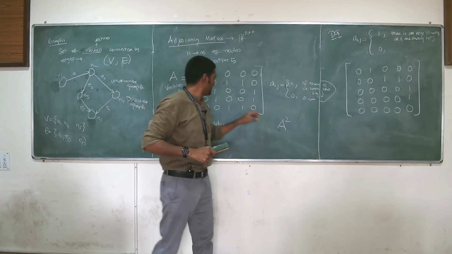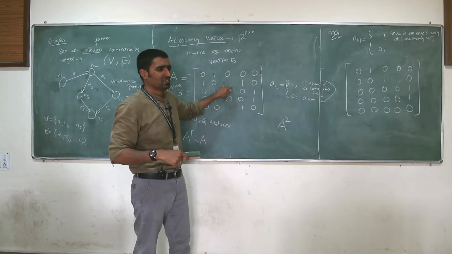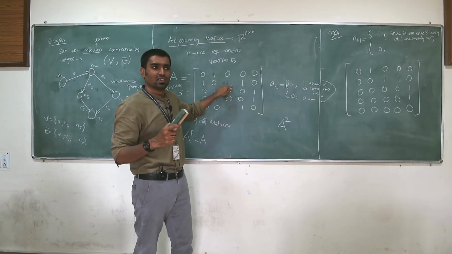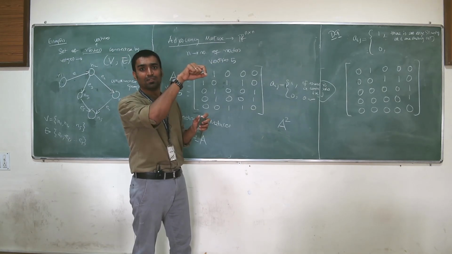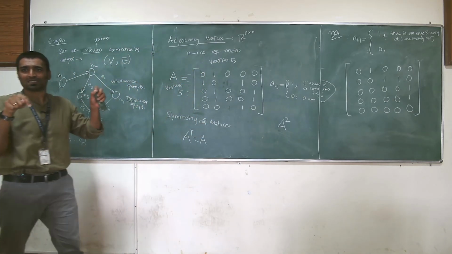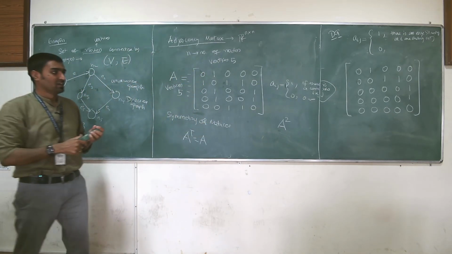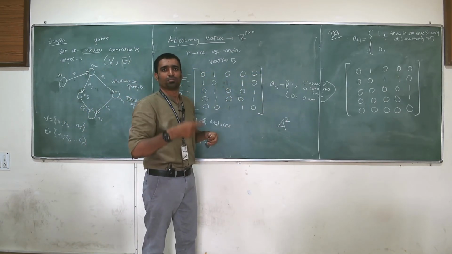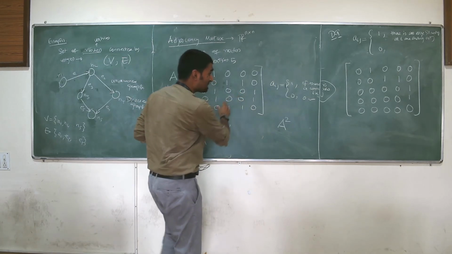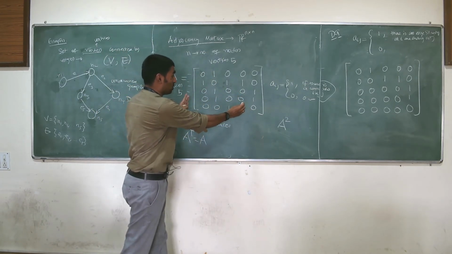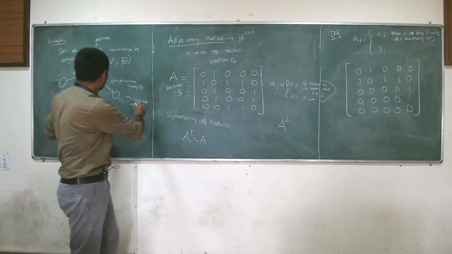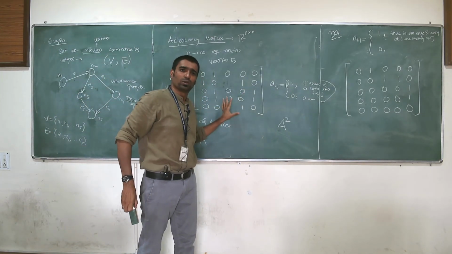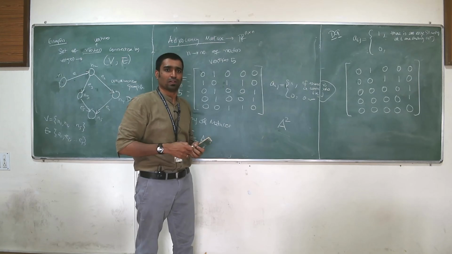A squared tells you if there are paths between i and j that involve one node in the middle, that means two-step paths, and will tell you the number of such paths. If you take A cubed, it tells you how many paths you have with two intermediate stops in the middle, and interesting stuff like that. So once you see this matrix, it not only tells you how to draw this graph, but there are other things that you can derive from the matrix which are actually quite useful.